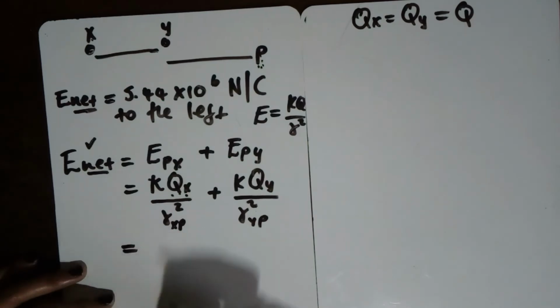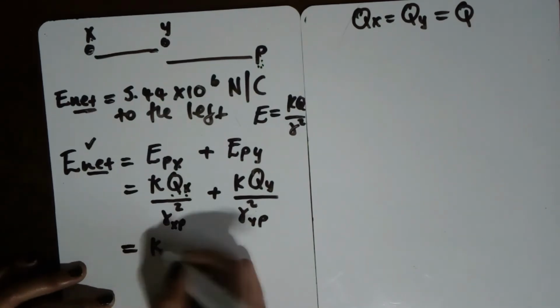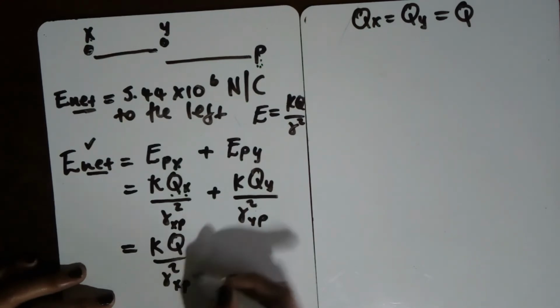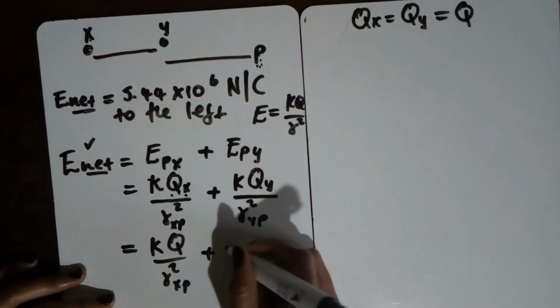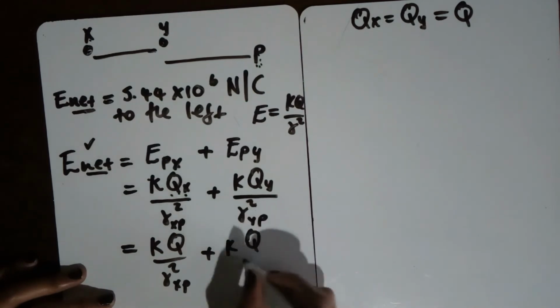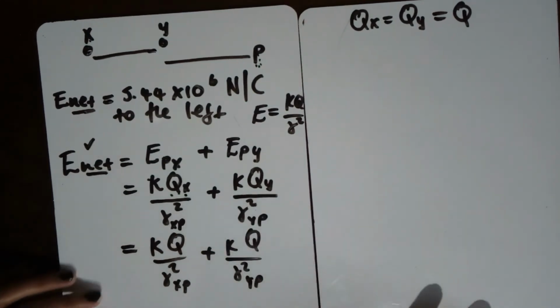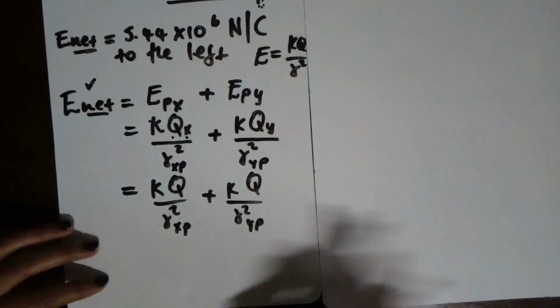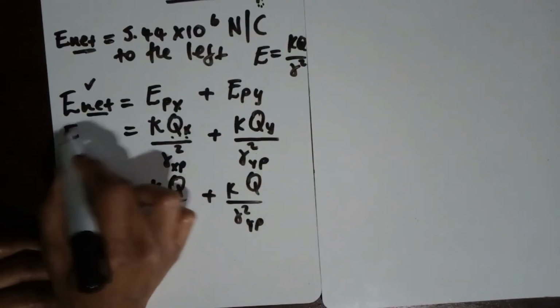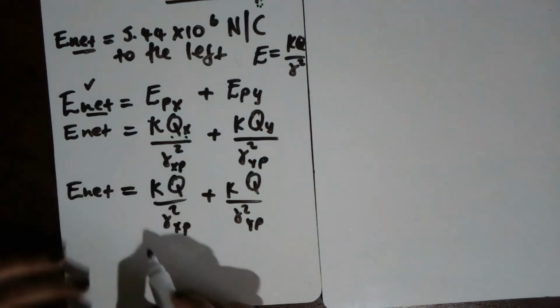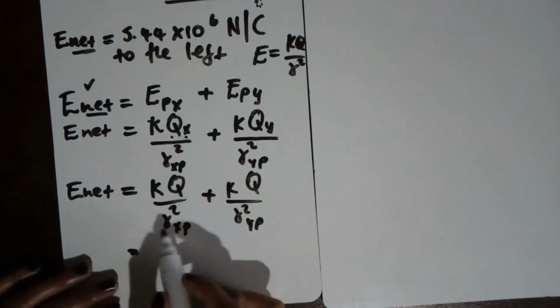So essentially I will just write kq over r squared xp plus kq over r squared yp. And on this side, we still have E net, the net electric field. And then it's just a matter of math.